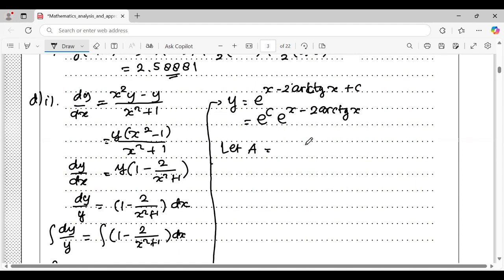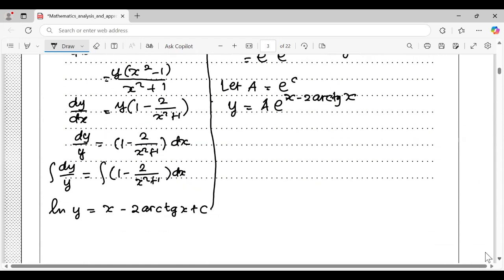Let a equal e to the power c. So this equation, y equals a times e to the power x minus 2 arctan x.